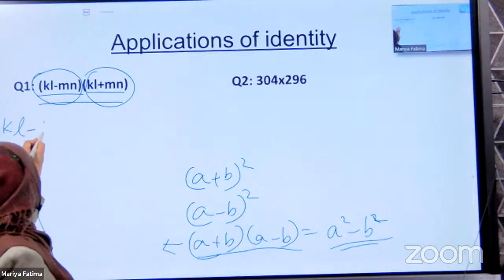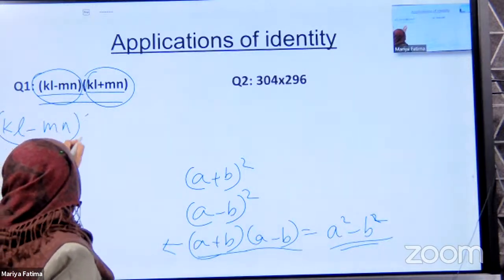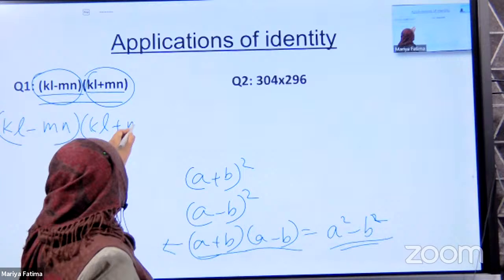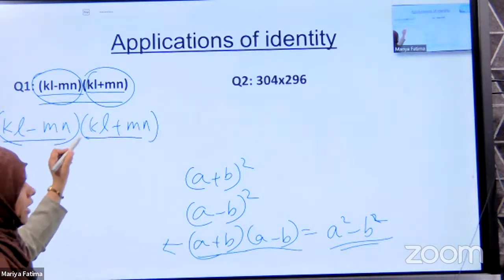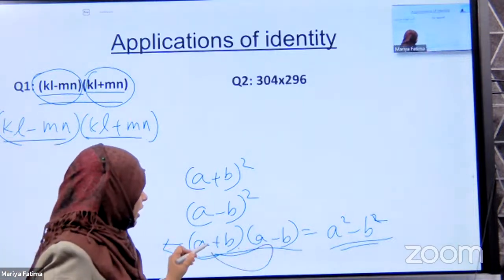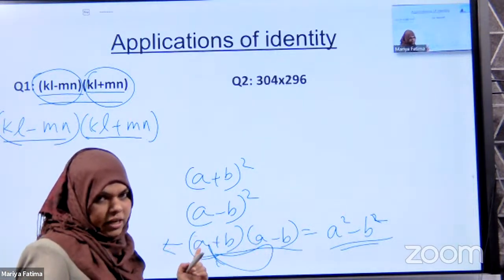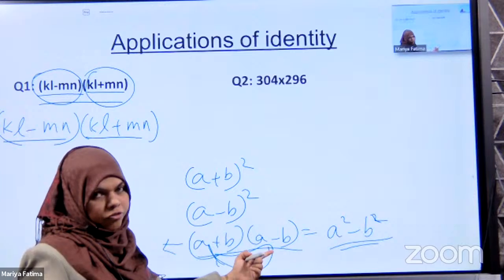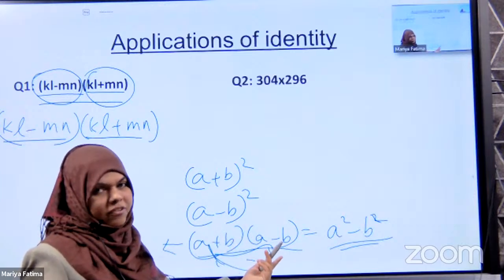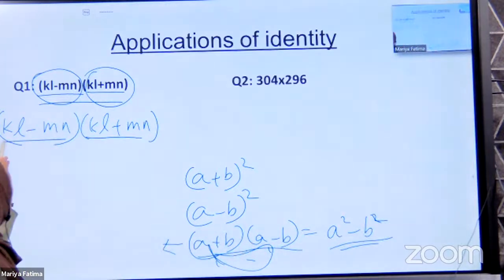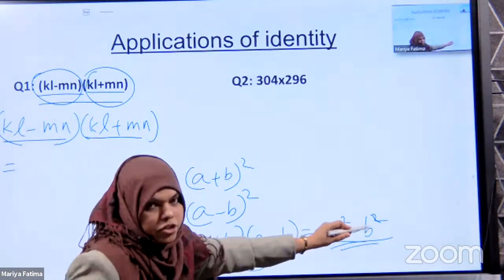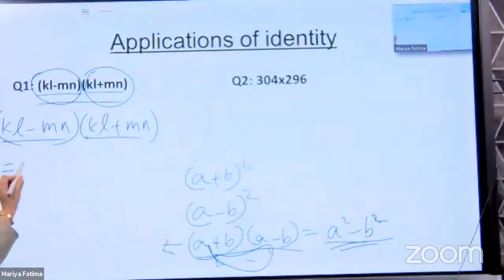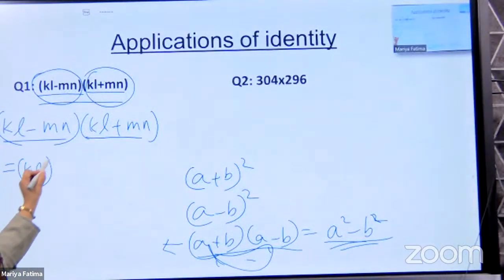So KL minus MN into KL plus MN. So it is A minus B into A plus B. These two can be interchanged; A plus B and A minus B, or A minus B and A plus B, will come, it is the same. So instead of writing this, what can we write? Just A square minus B square. What is A? KL whole square.